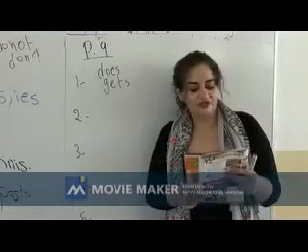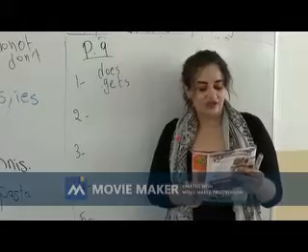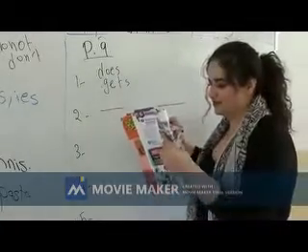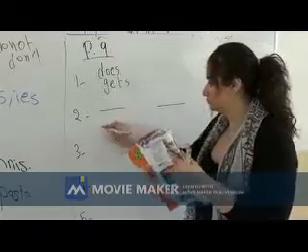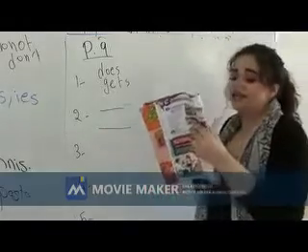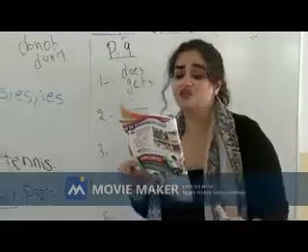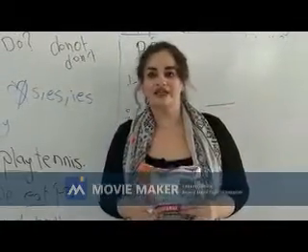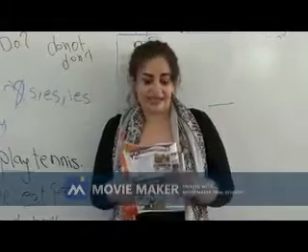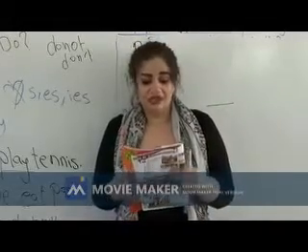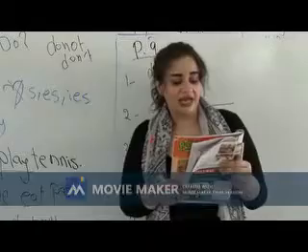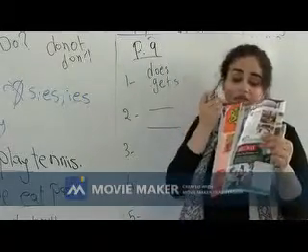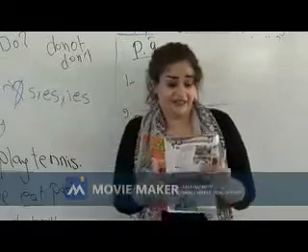Let's move to number 2. In number 2, I have many spaces. I will do it like this. Okay, in number 2, "you finish school at 3 p.m. on Fridays." Can you see the question mark at the end?